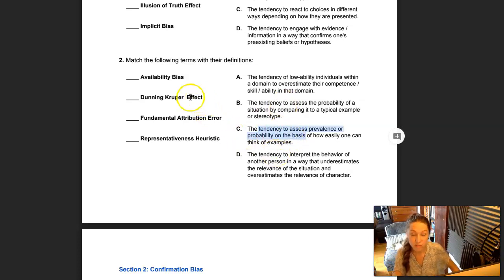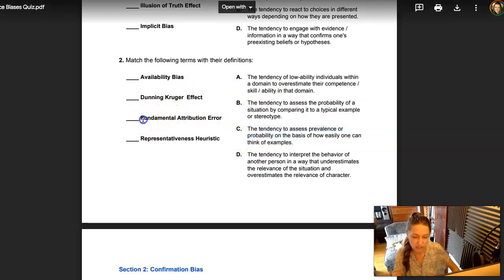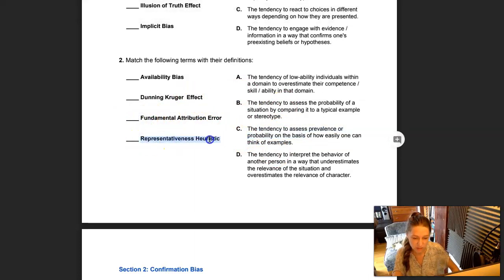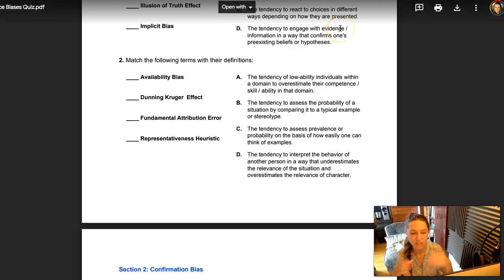Now there's another bias that has to do with probability, and that is the representativeness heuristic, which is B, the tendency to assess probability of a situation by comparing it to a typical example or stereotype. And then I would add into this definition, there just wasn't enough space to fit it, and in doing this, ignoring relevant probability information or just plain getting probability stuff wrong.